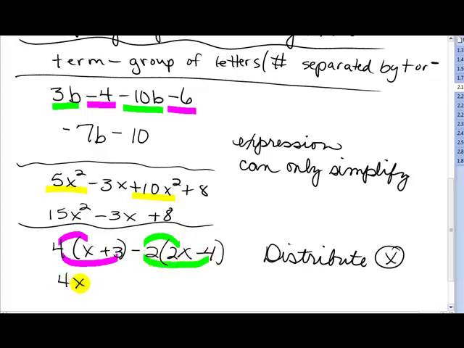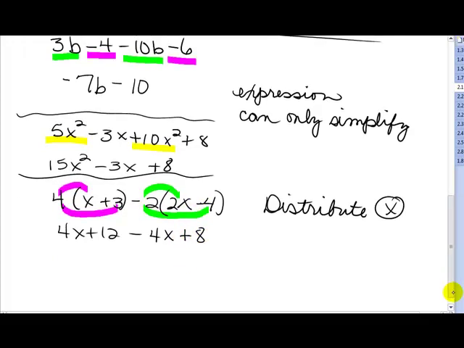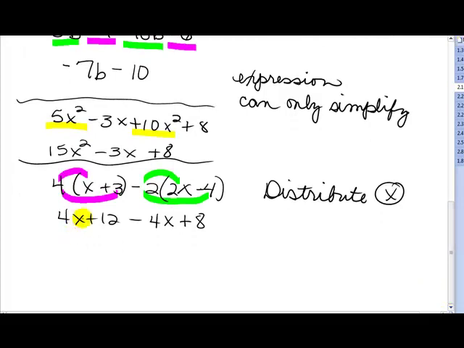So we'll have 4x plus 12 minus 4x plus 8. Negative times negative is a positive. Combine like terms, and looks like our x's are going to cancel out. 4 minus 4 will give me 0. 12 plus 8 gives me 20.